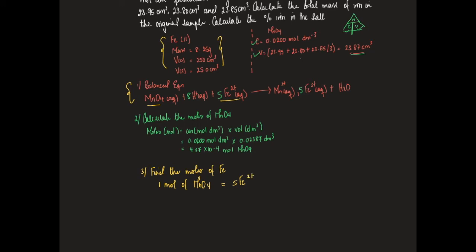So then we know that 4.77 by 10 to the negative 4 mole of permanganate is then equal to 4.77 by 10 to the negative 4 mole, and we multiply that by 5 to get 2.387 by 10 to the negative 3 mole of iron.